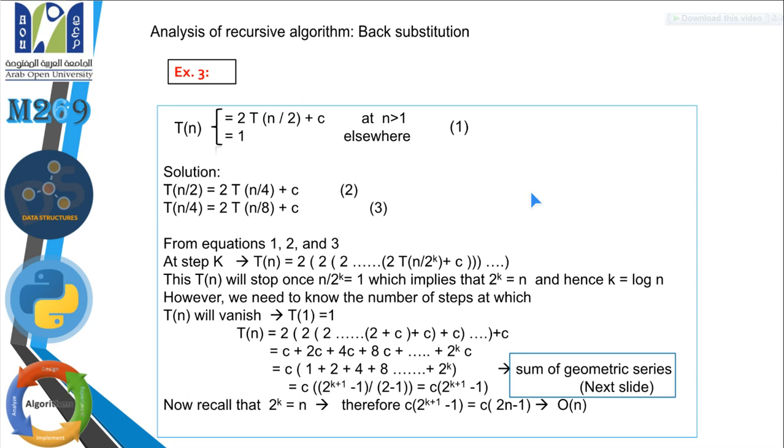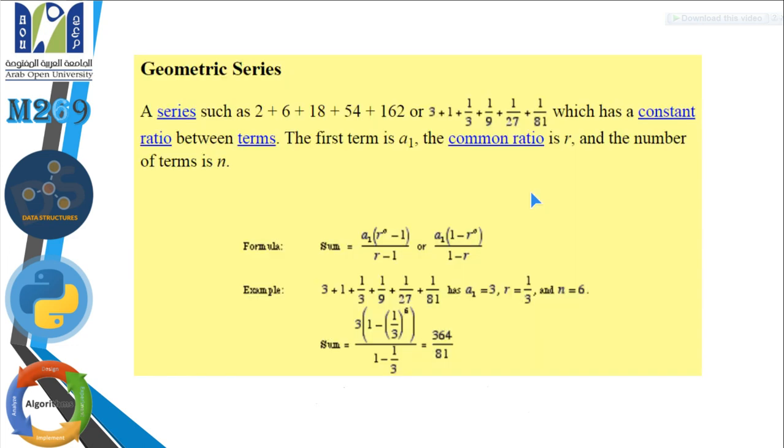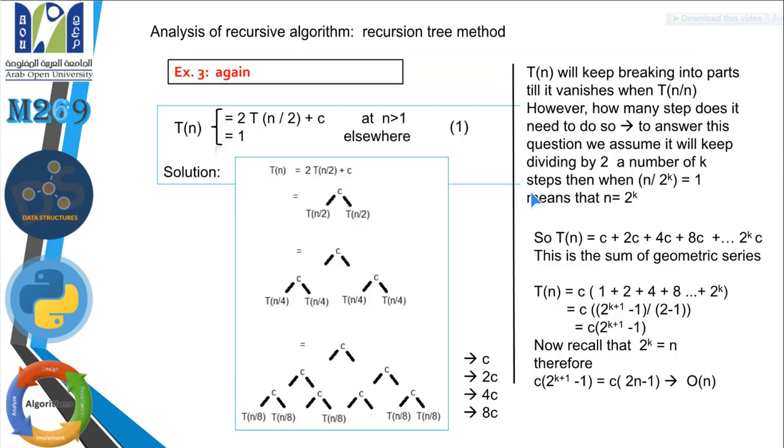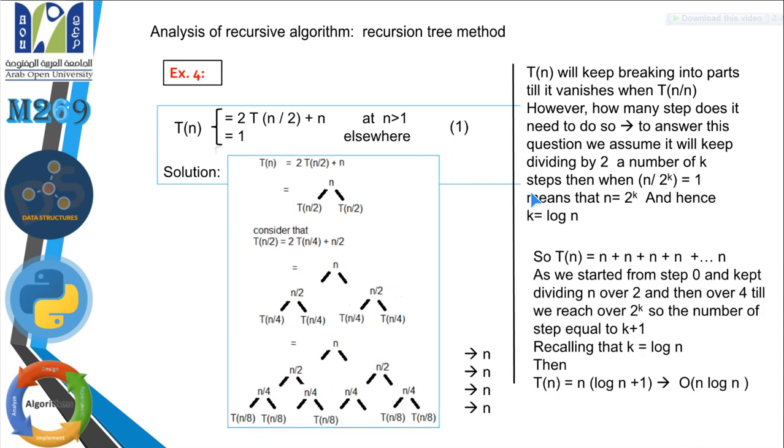And I'm going to present another one, which is very important. Let me now introduce you to another way, which is the trees. See this tree. How can we use the recursion tree method for analyzing a recursive algorithm?